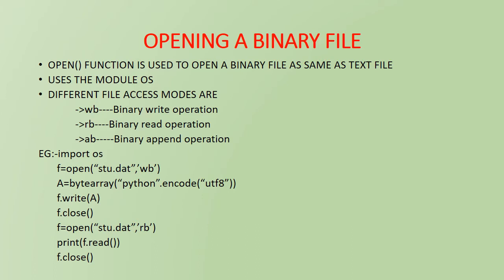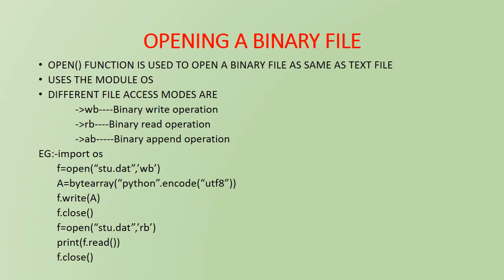Appending is the same as writing, but the difference is that we write only from the end of the existing content. So now we will discuss how to write and read a small string in a binary file.